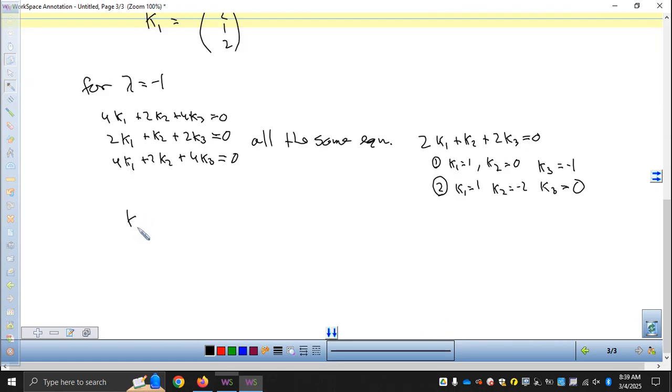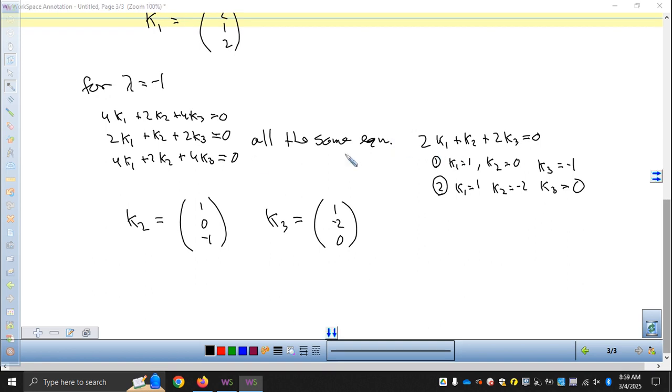So k2 is 1, 0, negative 1, and k3 is 1, negative 2, 0. And in my mind, if I can get one of the components to be 0 in one of the eigenvectors, and that same component not to be 0 in the other eigenvector, that's how I'm sure that they're not scalar multiples of each other. That's, in my mind, my kind of insurance policy. Did I do this correctly? If I can see that, then I'm okay with that.